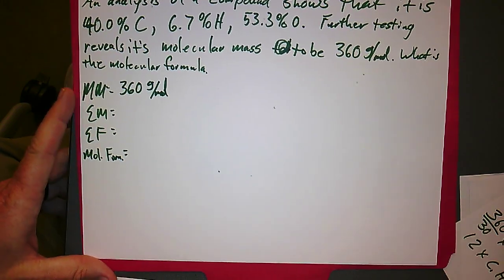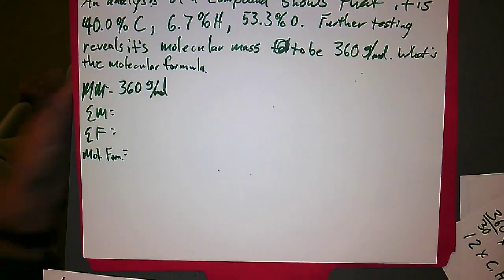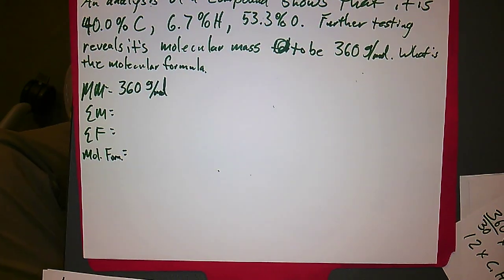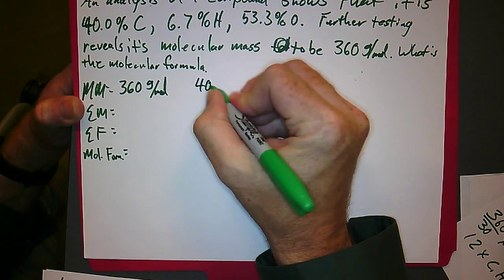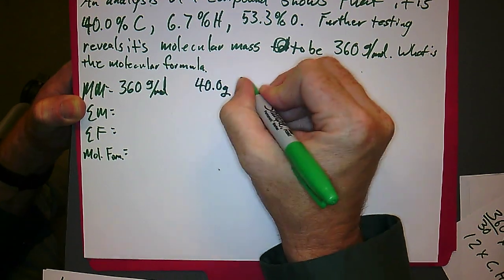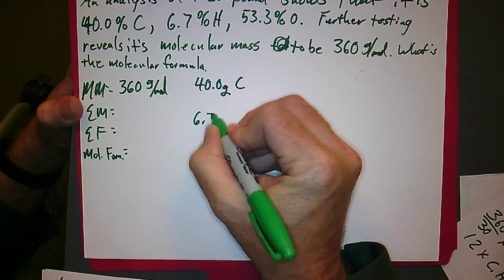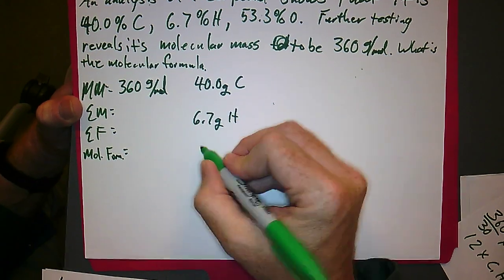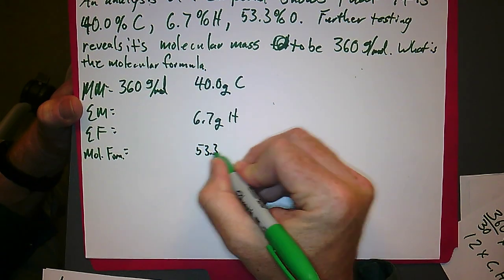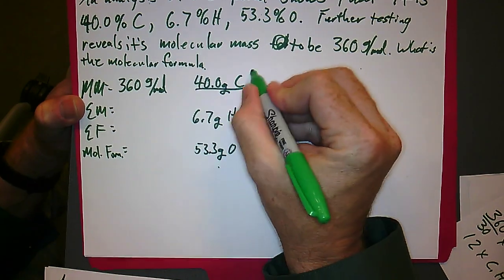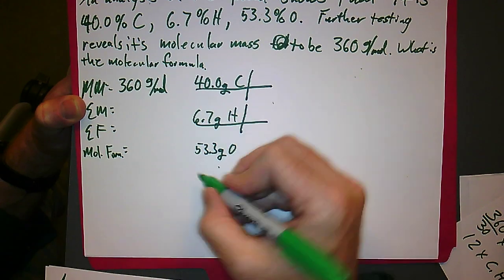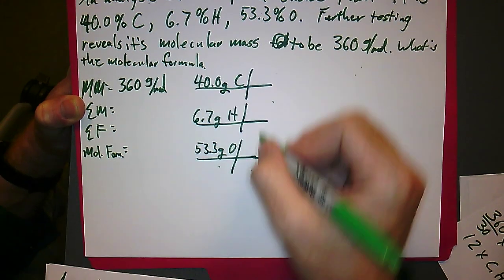To find the empirical formula, what do we have to change the percents to? Grams. So 40.0 grams of carbon, 6.7 grams of hydrogen, and 53.3 grams of O. And what do we convert those to? Moles.